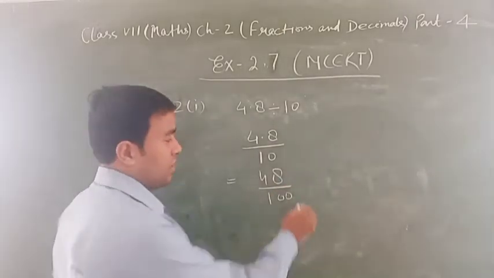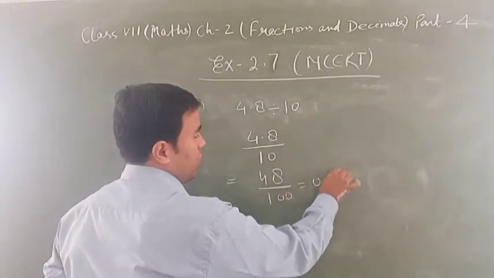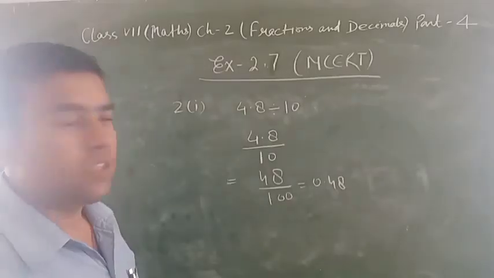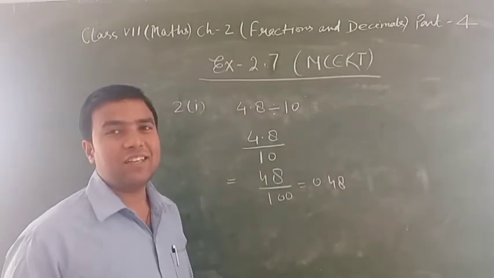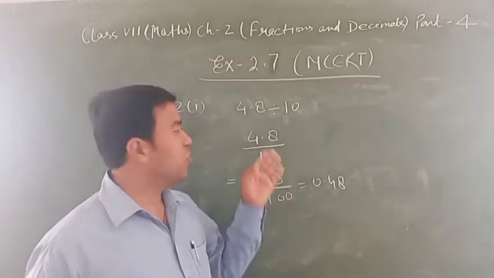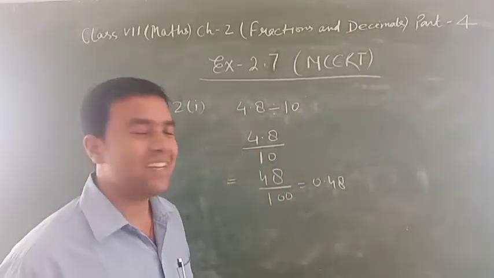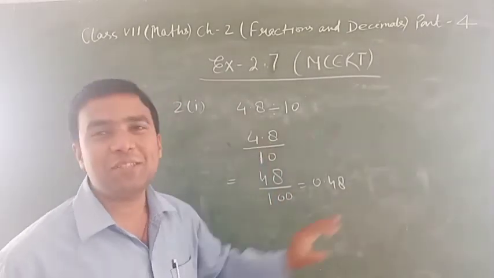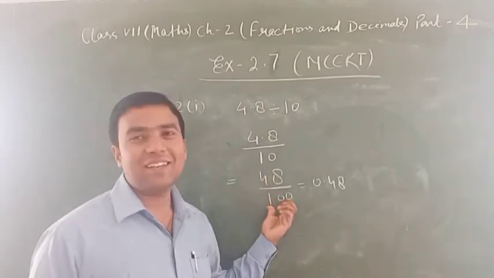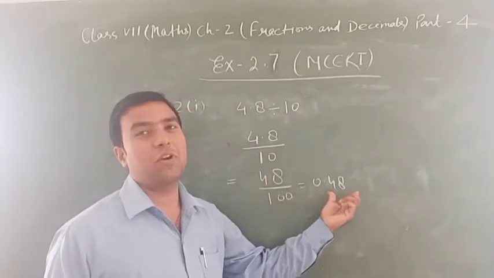After that, 0.48. If this type of question is there, see, it is very easy. 4.8 upon 10. Clear? So first of all you remove the decimal, 48 by 100. After that equal to 0.48.